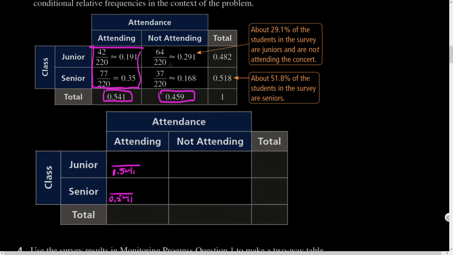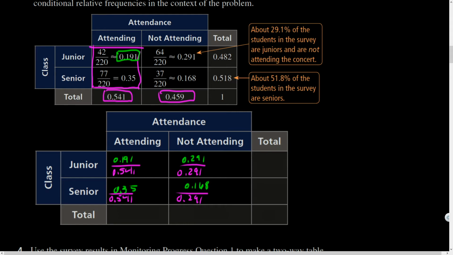And over here, so this would basically now be, well, okay, this actually might be worth explaining. The more times we allow our brains to experience and be exposed to these ideas, the better we'll understand them. So here, the joint relative frequency, and I keep using this vocabulary just so we'll all get better at it. 0.291, 0.35, and 0.168.